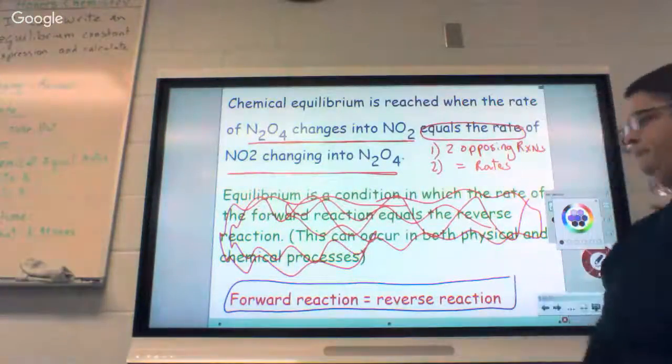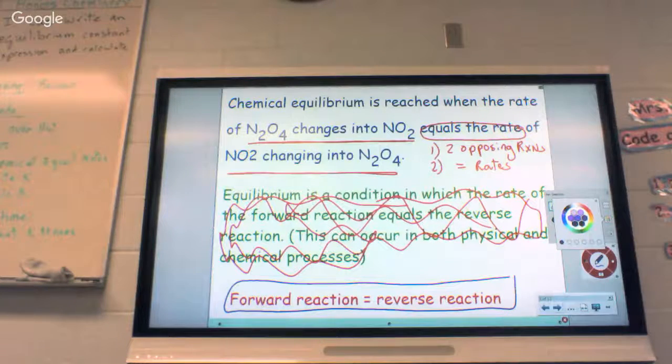You need that. So, because we're talking chemical equilibrium, we often say the forward reaction equals the reverse reaction. Because you already have it written down I don't know how many times, we don't need to write that again.